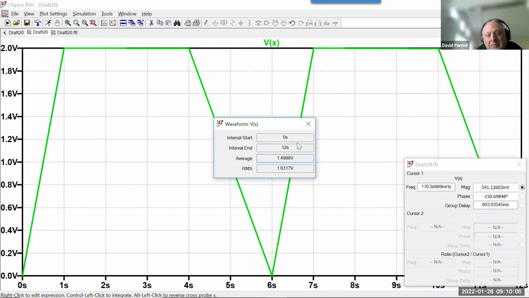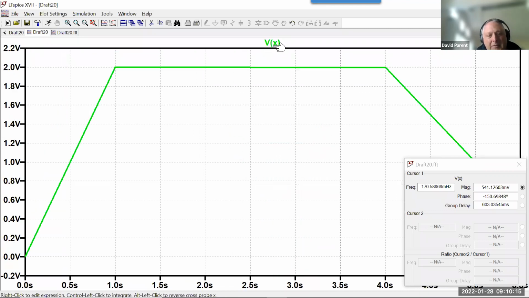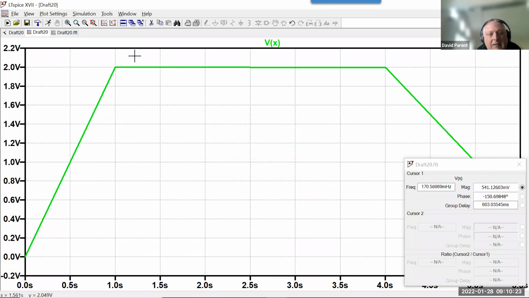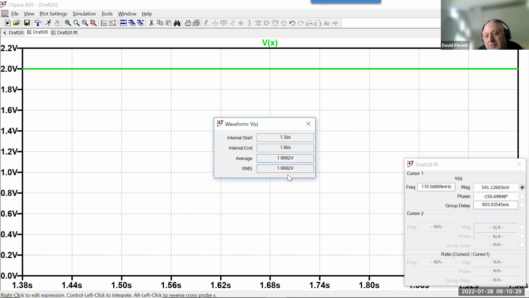And then it pops up. Now, some caveats here is that if you don't do the full period, you get different answers. So see, this is now 1.7, or if I zoom in, actually here, where it's flat, I get 2 volts.